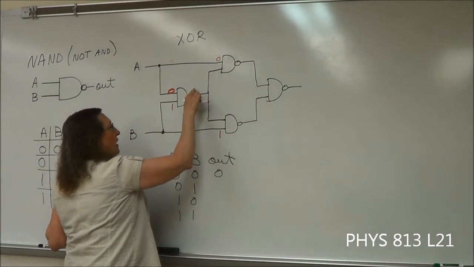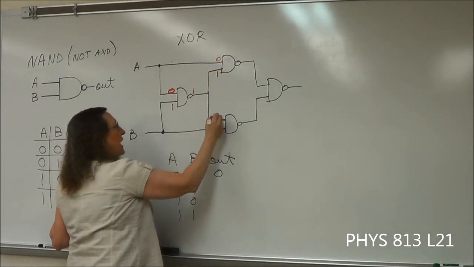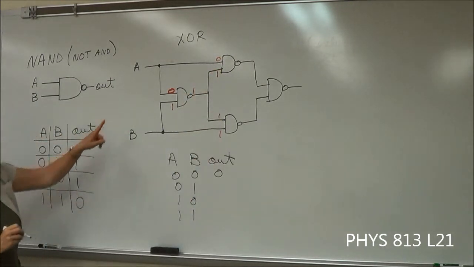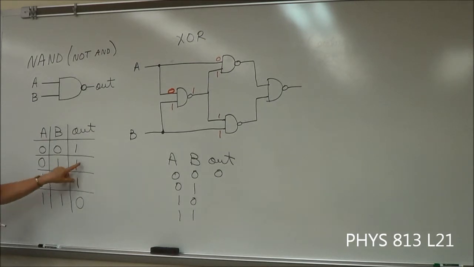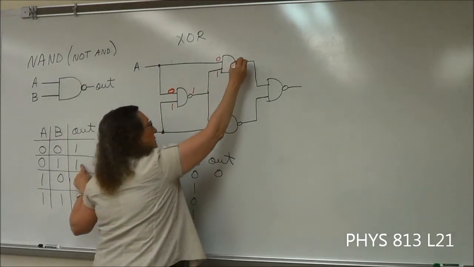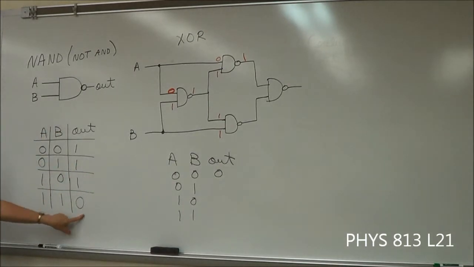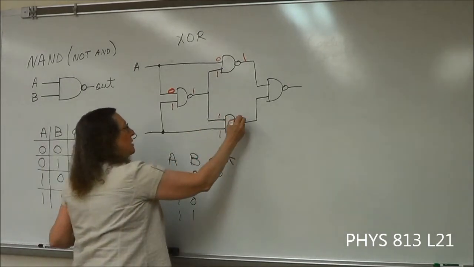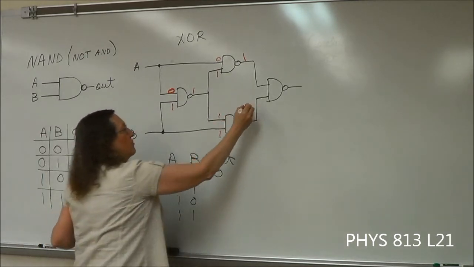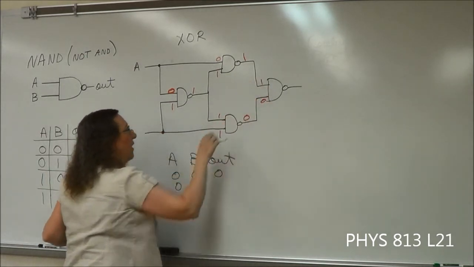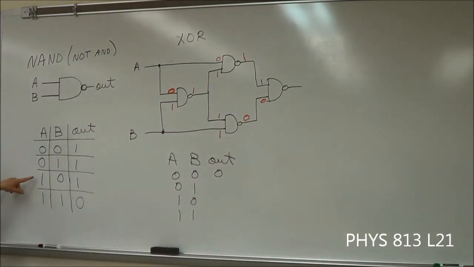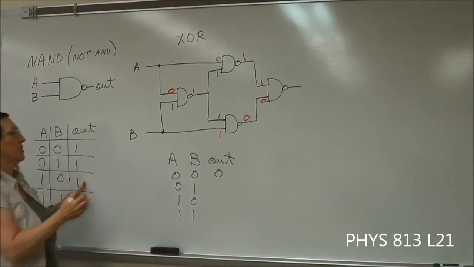So this is 1, that goes up to here and down to here. So at the top we have a 0 and a 1, which is a 1. Down here we have, though, a 1 and a 1, which is a 0. Okay, so those go over here. Now we have a 1 and a 0, so we end up with a 1.